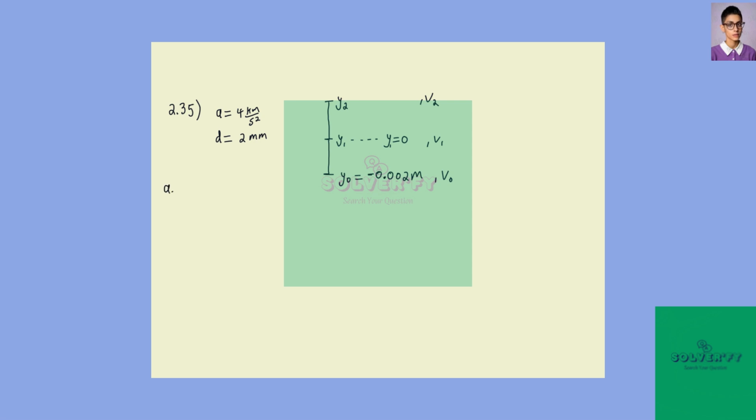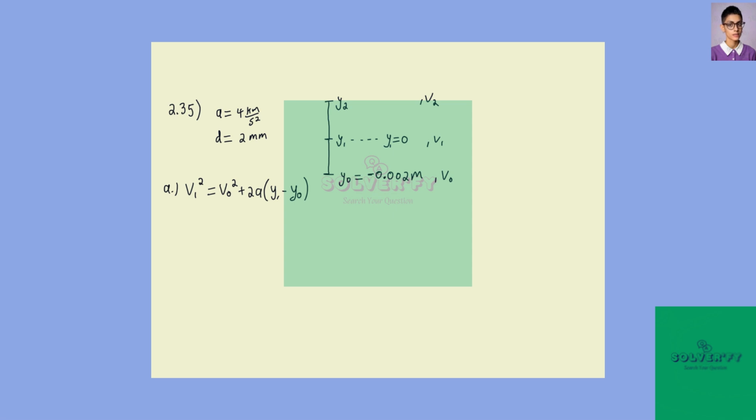Let's find the upward velocity that the insect takes off with, in other words, find v1. We use our constant-acceleration kinematics: v1 squared equals v0 squared plus 2a times (y1 minus y0).